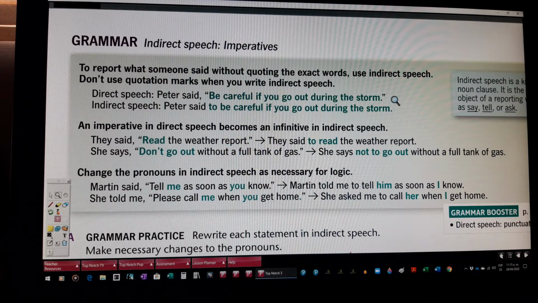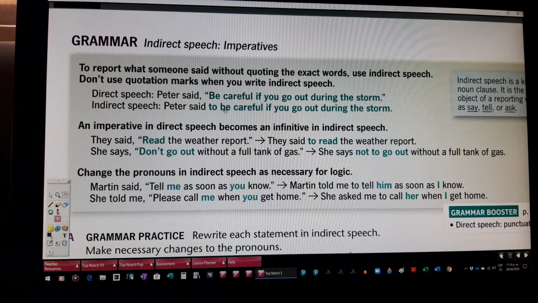Okay. El discurso directo se da cuando utilizo palabras en comillas que dijo otra persona, pero a veces lo puedo convertir en discurso indirecto simplemente por eliminar las comillas. Pero miren lo que pasa con los imperativos. En direct speech dice be careful if you go out during the storm.